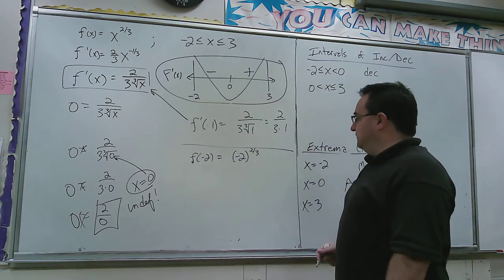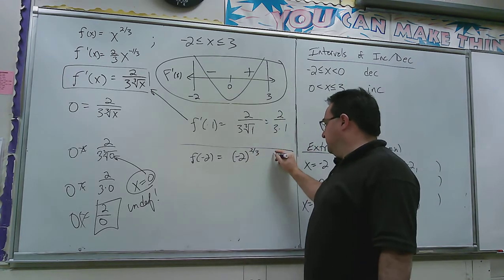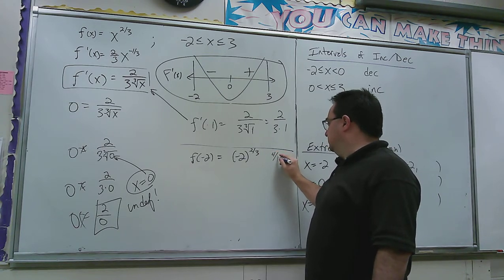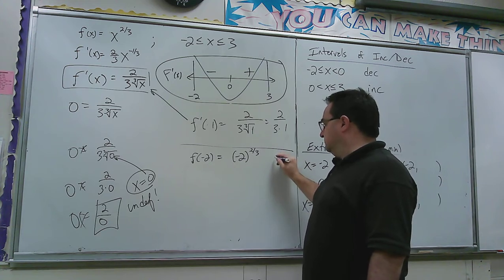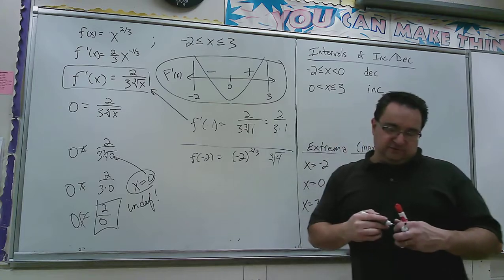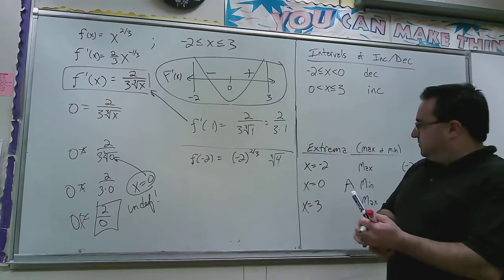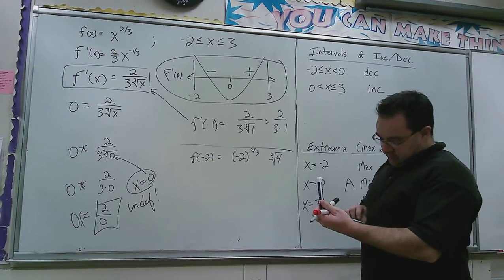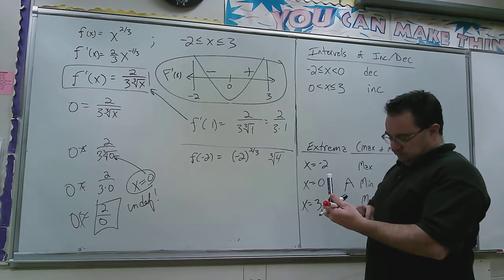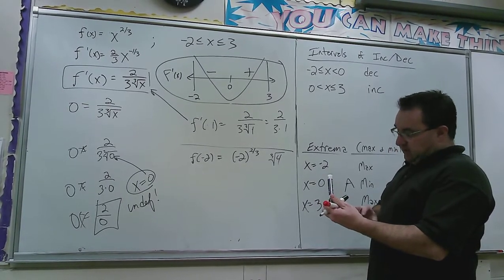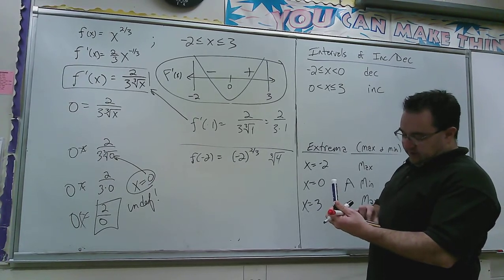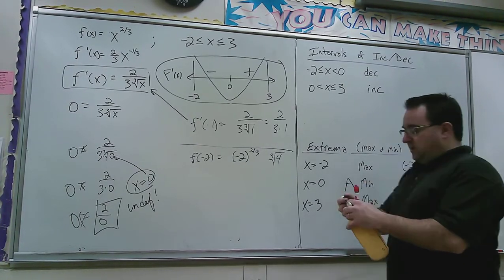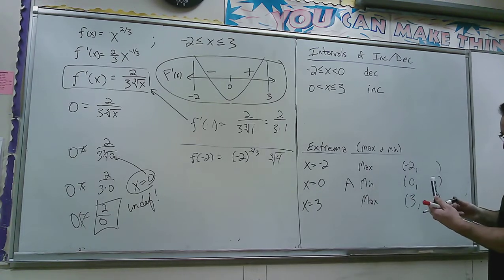Well, if you know how to do these, it's going to be the cube root of 4, positive. Sorry, that was pretty sloppy. But let's punch it in. We got to get decimal anyway. Minus 2 to the, now when you do the 2/3 power, you got to put parenthesis, 2 divided by 3. And I'm getting positive 1.59.